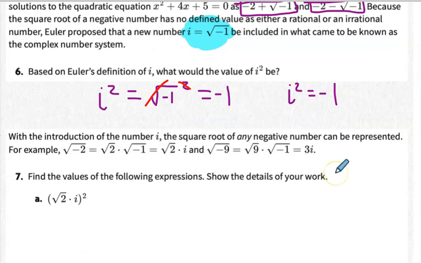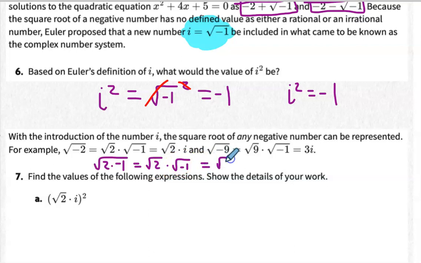Okay, so let's see how we're going to use that down here. So with the introduction of the number i, the square root of any negative number can be represented. For example, the square root of -2 is the same as the square root of 2 times -1, which is the same thing as the square root of 2 times the square root of -1. Okay, so when I'm dealing with multiplying under a square root, I can break them into separate square roots.